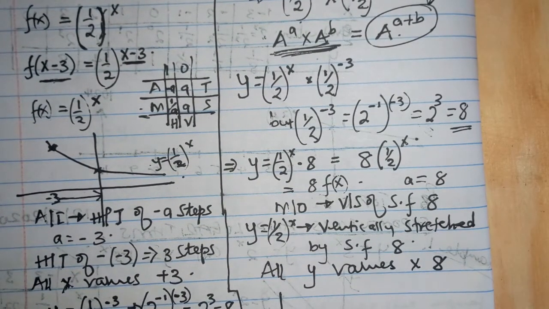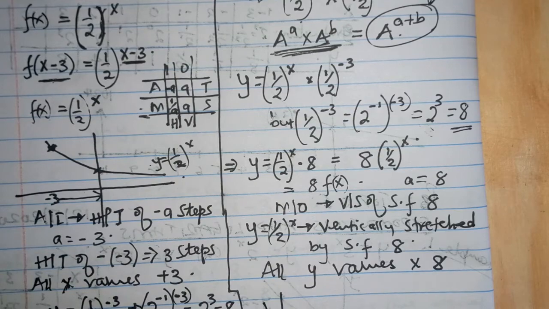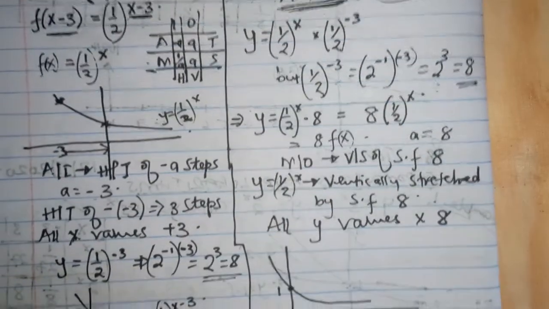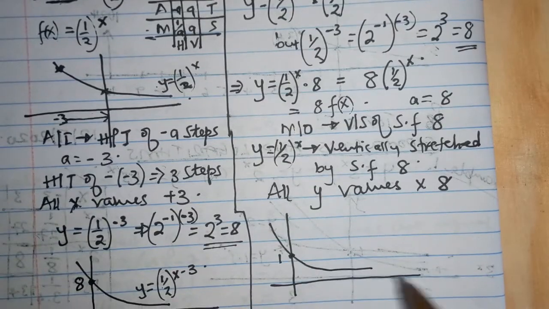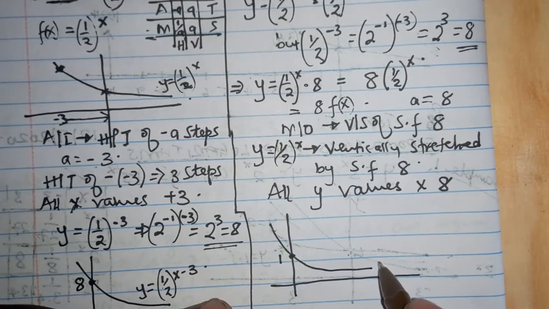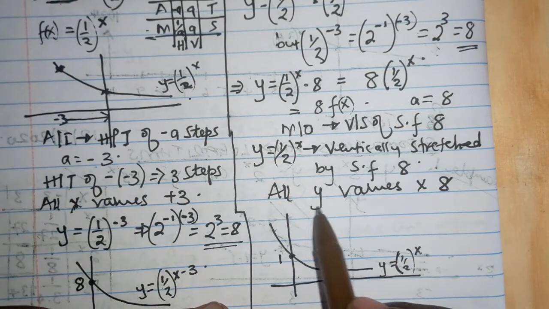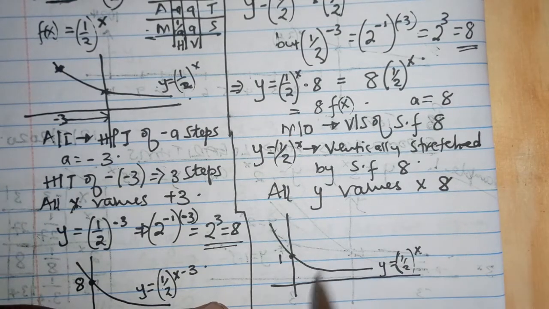The graph of y is equal to a half raised to power x was that, and this was 1. That was the graph. So all y values times 8.